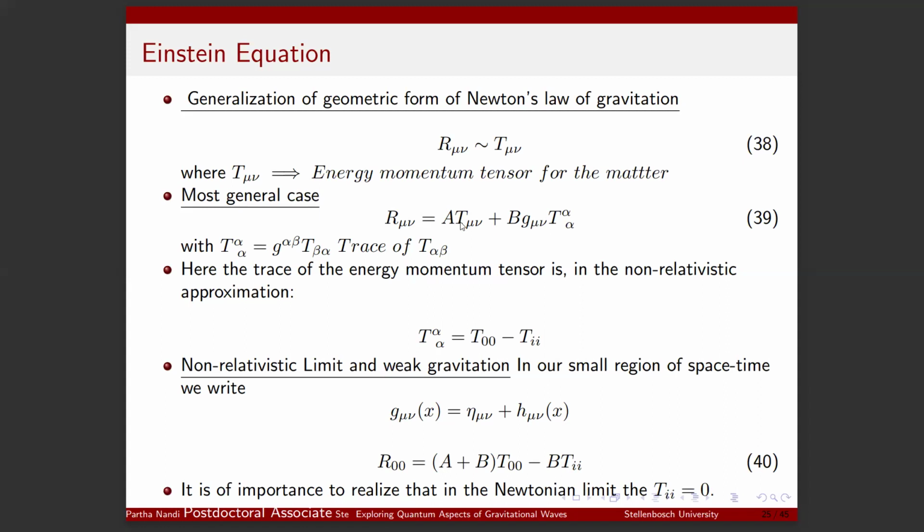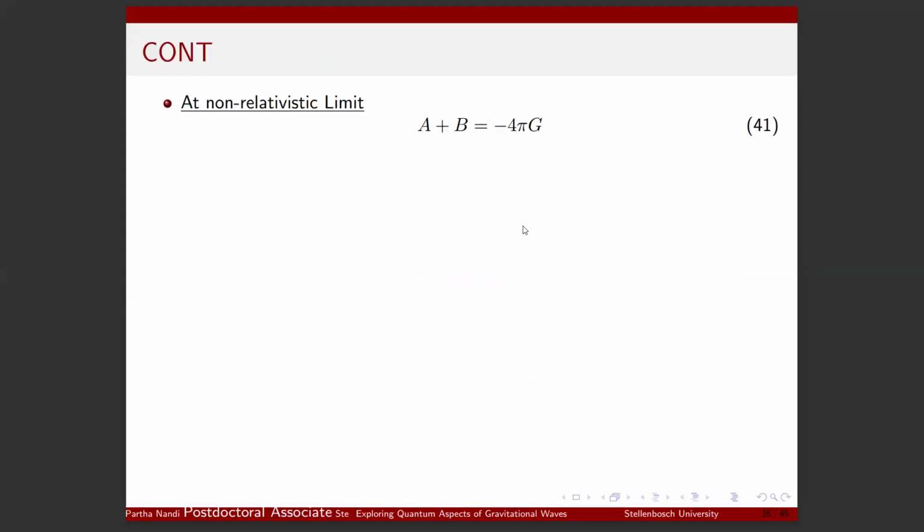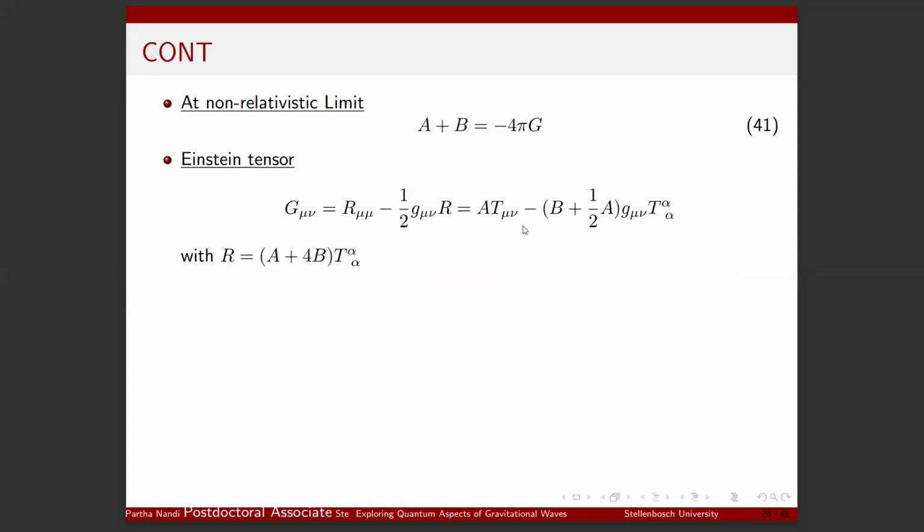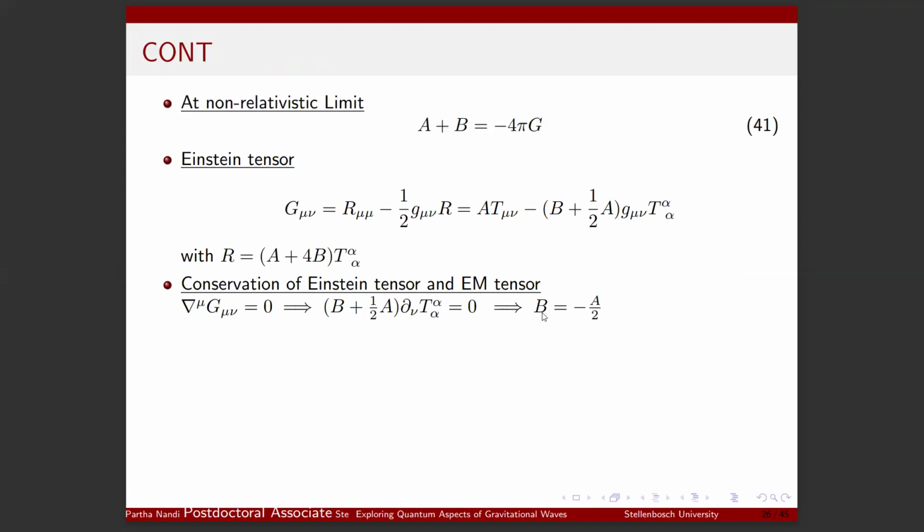So this limiting condition should be incorporated in our arbitrary constants A and B. That is why we consider the limiting situation to find the relationship between the arbitrary constants A and B. And then the conservation principle fixes the other constant.